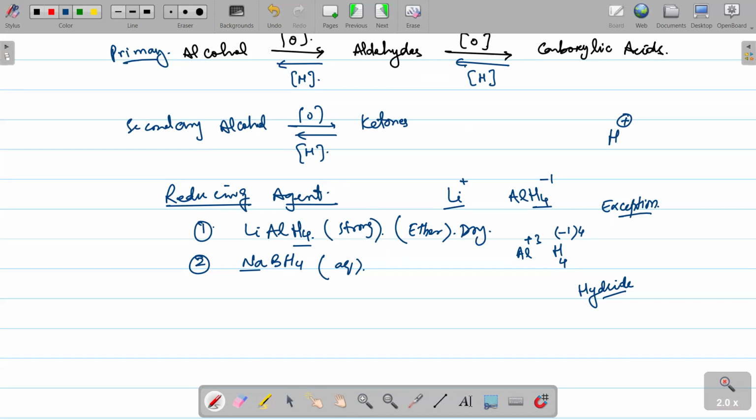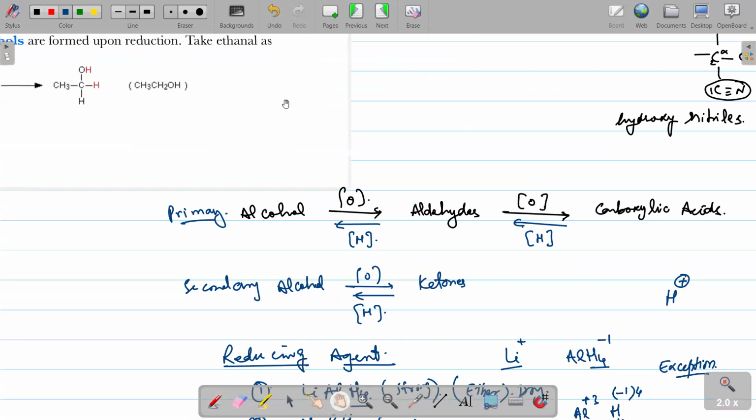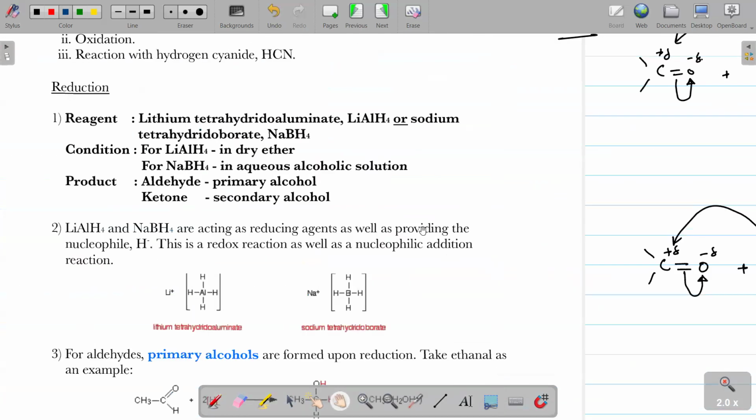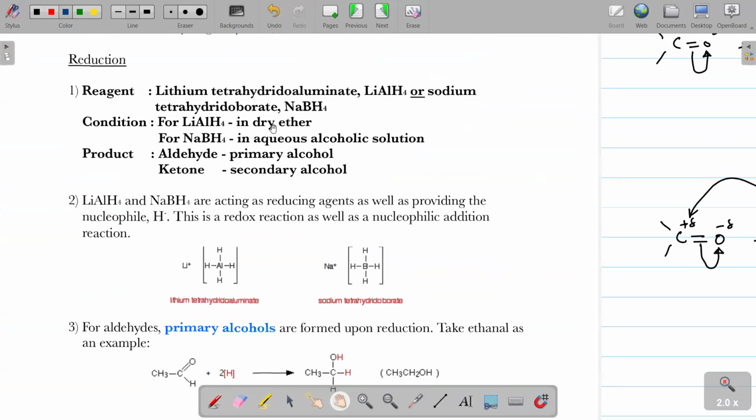So we use ether. We can use them for the reduction: lithium tetrahydroaluminate or sodium tetrahydroborate. So remember, these are the main sources of hydride ions, which are used for the reduction.